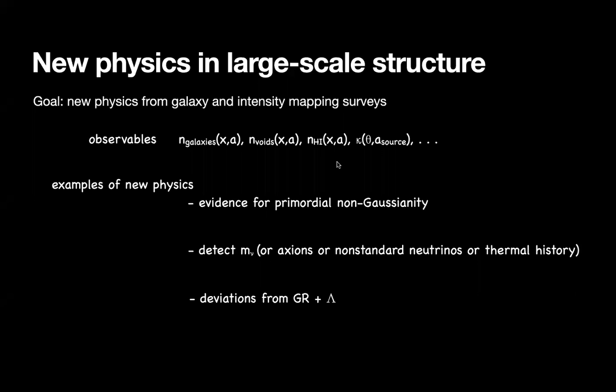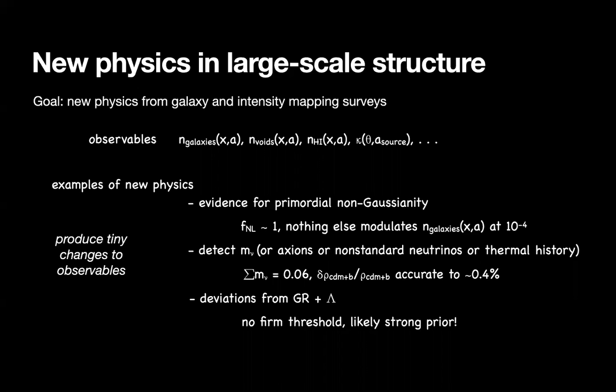In order to do this, we need really, really good control over the predictions for our observables, because the types of signatures that we're looking for produce very small changes to the things that we actually measure. For instance, detecting primordial non-Gaussianity at the order of FNL of 1 requires that we understand that this primordial non-Gaussian signal modulates the galaxy distribution at the level of about 1 part in 10^4.